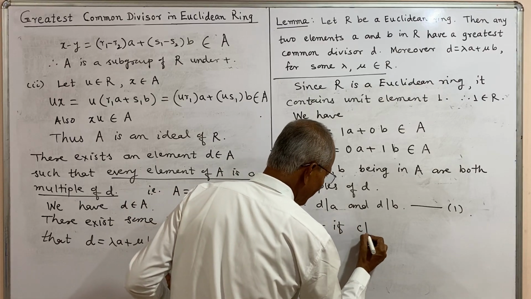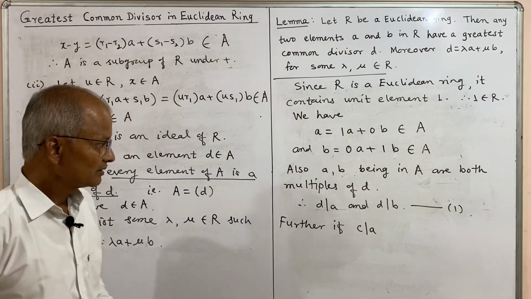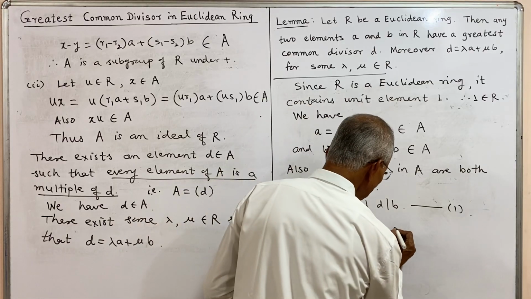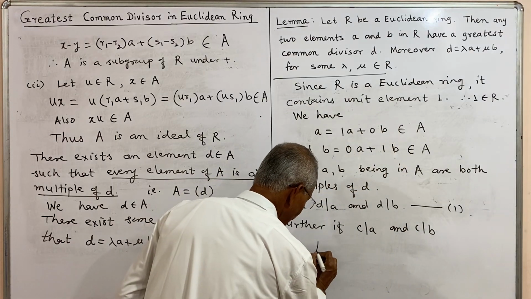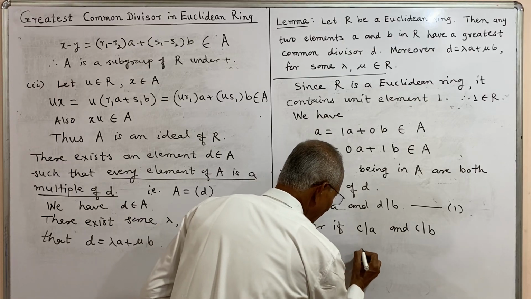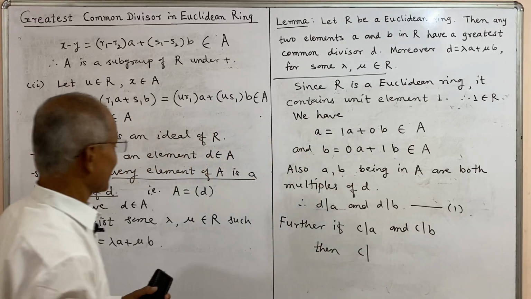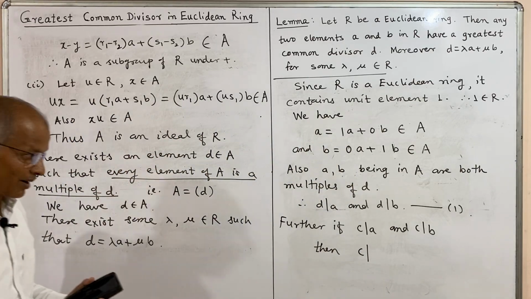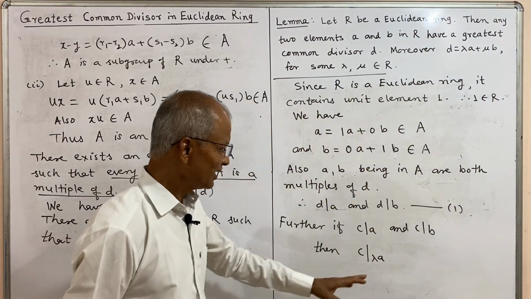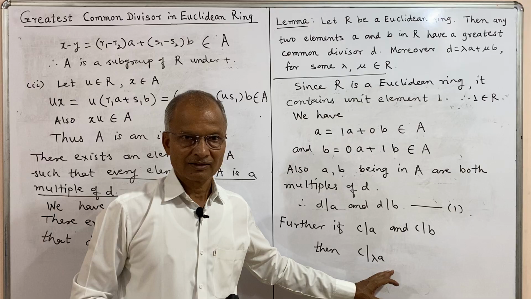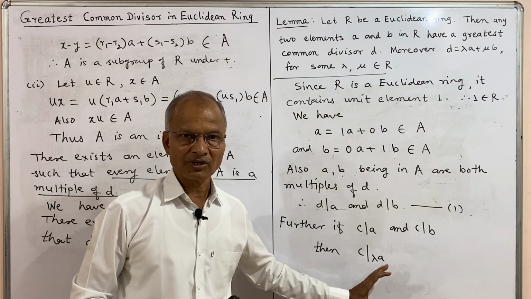Further, if there is another common divisor C, C divides A and C divides B, then we have seen earlier in a remark that C divides lambda times A. If C divides A, then C divides any multiple of A. That is the definition of divisibility.